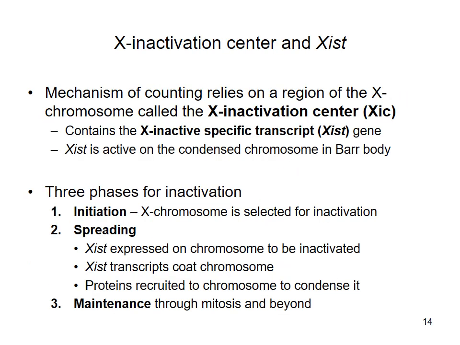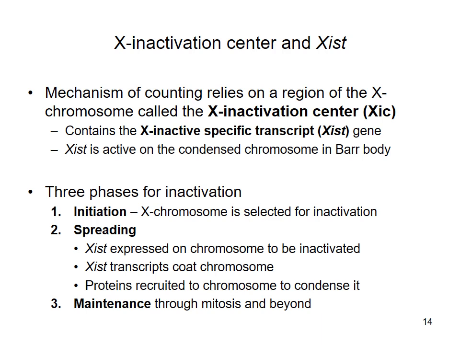All right, so for that, we're going to take a look at a particular section of the X chromosome that's called the XIC, or the X inactivation center, and that one is going to have a gene called the X inactivation specific transcript gene. And this gene is what's going to need to be activated if we want the chromosome to condense down into our Barr body and shut down its expression of genes.